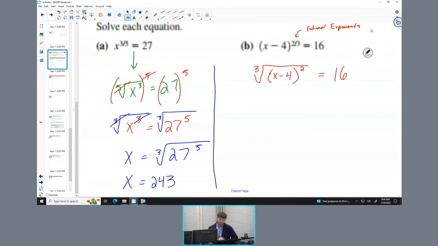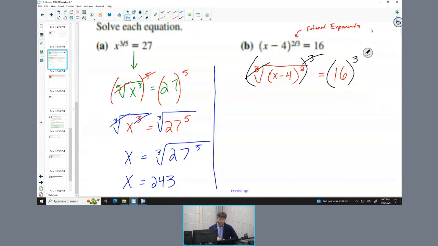All right. So now I'm working my way from the outside in. I want to get rid of the cube root. If I want to get rid of the cube root, I have to do the opposite. The opposite of a cube root is just a cube. So I cube, and what I do to one side, I do to the other.